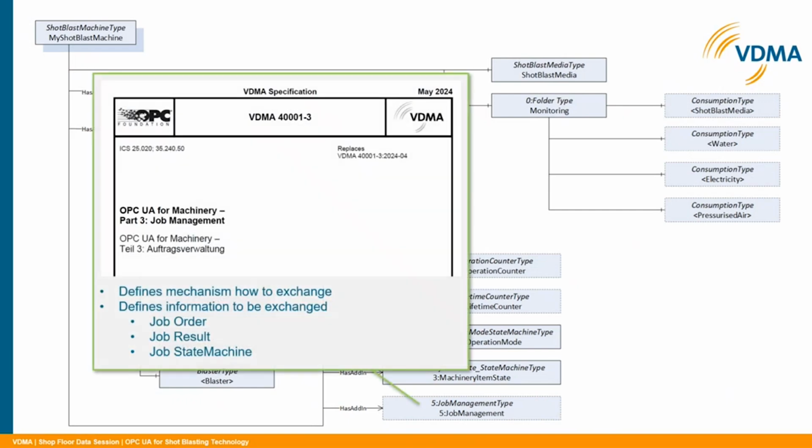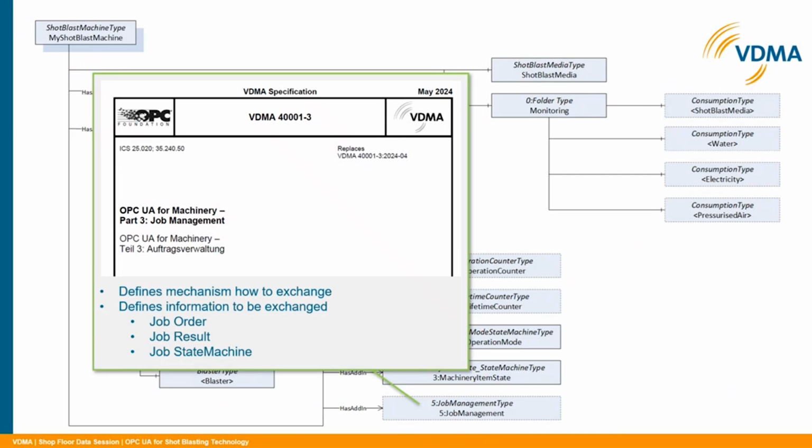Job management is, as I showed you earlier, a document from the machinery that is handling the job management of a machinery. So in the OPC UA for machinery part 3, you find this block that we implemented here. And with the job management type of the machinery, you can map a whole job handling system. In this document, you can find the definition of the mechanism how to exchange data between higher level systems and machines.